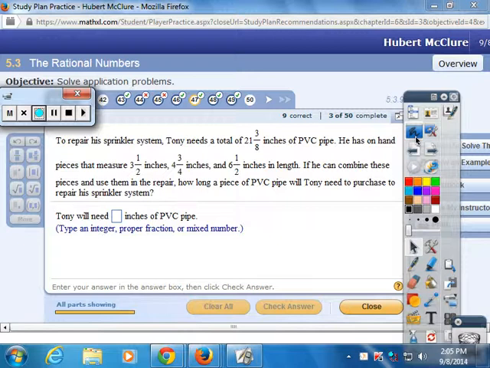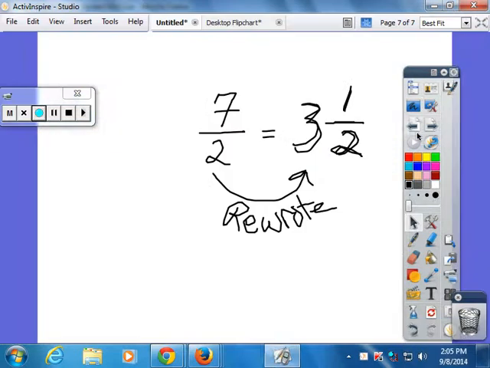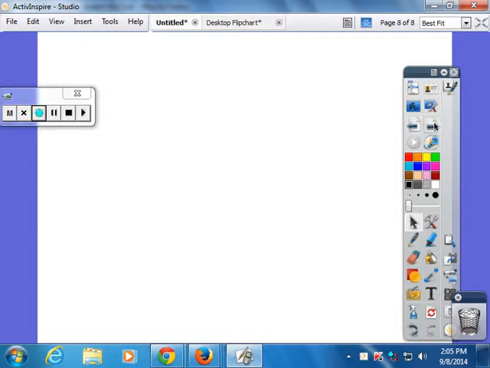I want to do it on an open sheet. Three and a half. And what's the other one? 4 3/4. And 6 1/2.